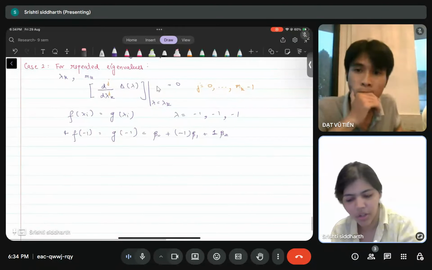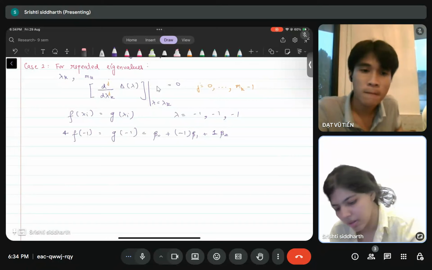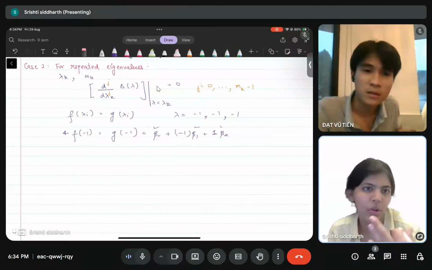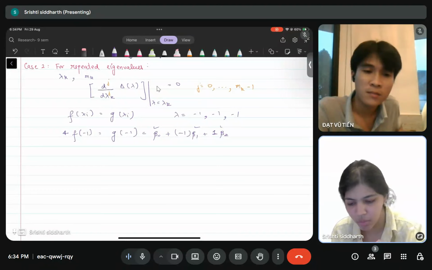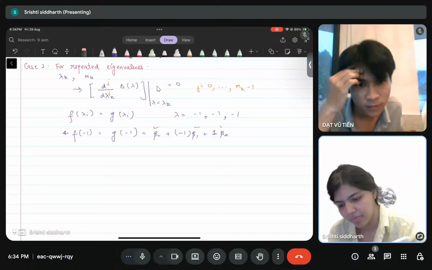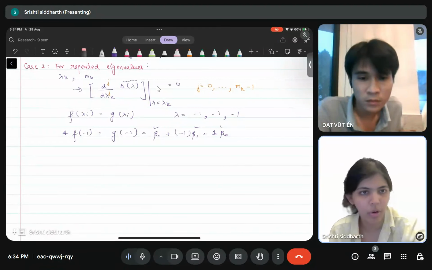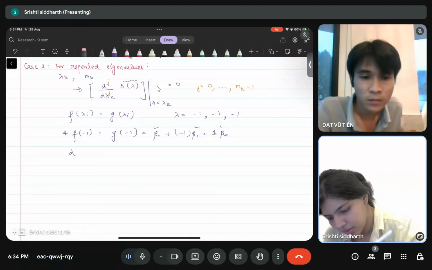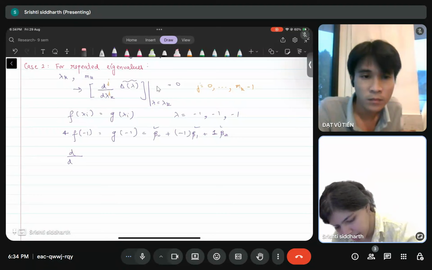And this is some known function which we have to figure out. Then we need 3 equations to solve for beta naught, beta 1, and beta 2. So the other 2 equations come out of this derivative. We already have the characteristic polynomial for, let's say, the A matrix. And then we do this, d by d lambda of delta lambda.